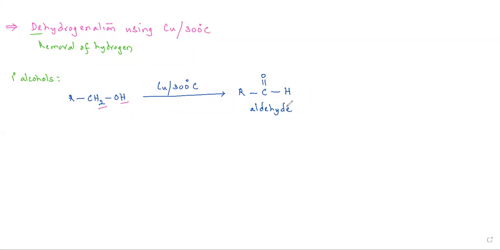So primary alcohols on dehydrogenation give aldehyde. Coming to 2-degree alcohols.